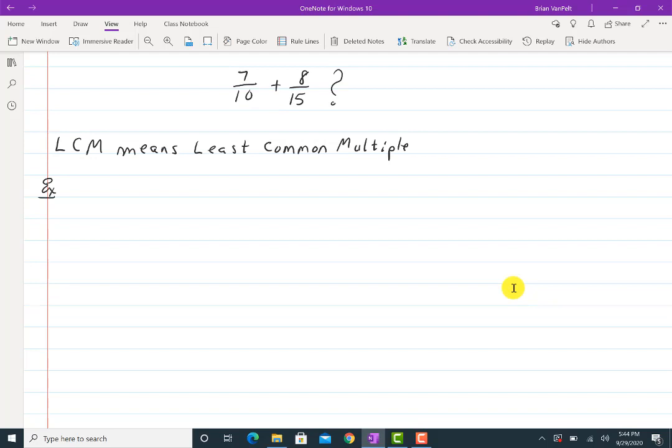I want to compute the LCM of 10 and 15. That means what I want to do is find the lowest or the least common multiple of these two numbers. So let me write some things down here.